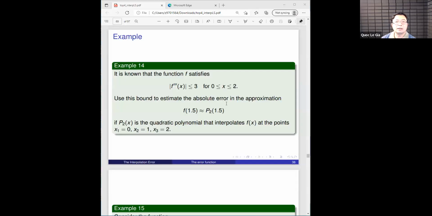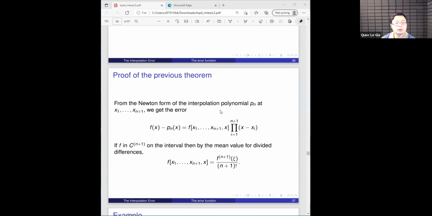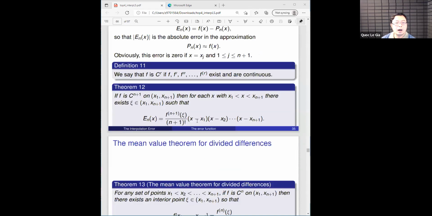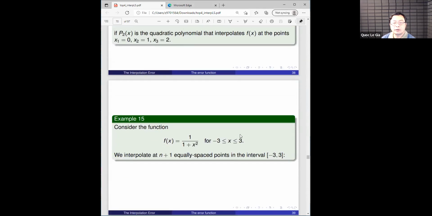So now you can see the whole theorem, apart from the derivative, which we don't know. But then the second part is this product. So it's very good to know the behavior of this product of x minus x1 up to x minus xn plus 1. Okay. And that is the next topic here.